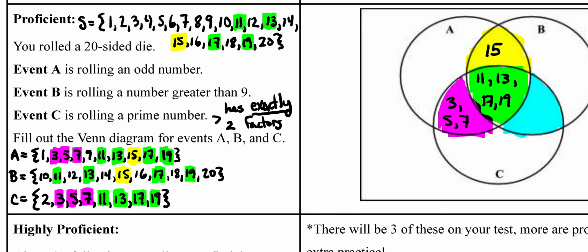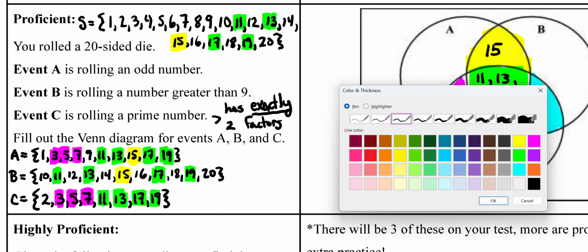And then we go to A. What are the ones that are left that are in A but not in B or C? So let's choose a different color for that. Orange is good. Let's go to orange.